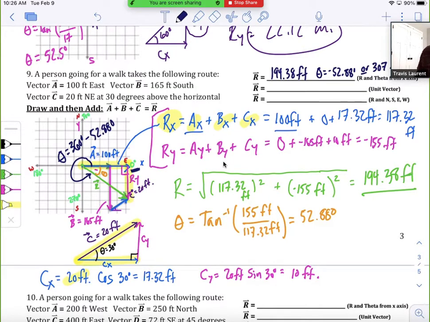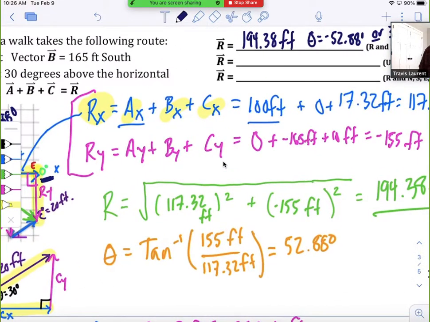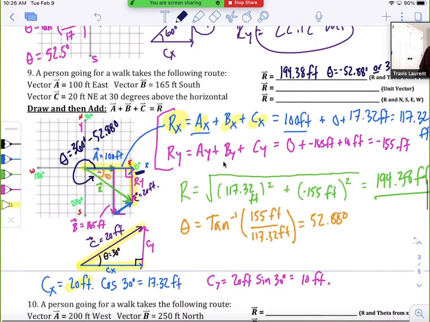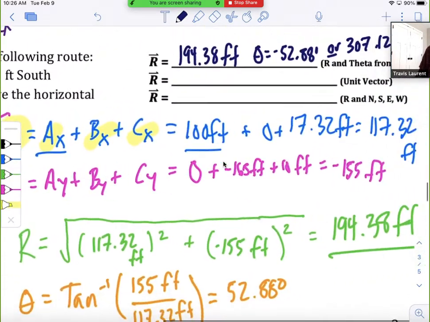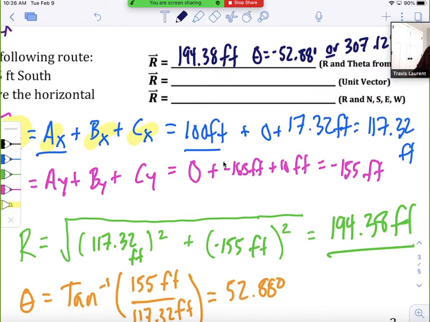A physics book says, hey, we have these things called unit vectors. If you're ending up at this point in space right there, you could just go along your x-axis and then along your y. So they're going to say, let's use the unit vectors method. In this case, our x would be 117.32 feet in the x direction.